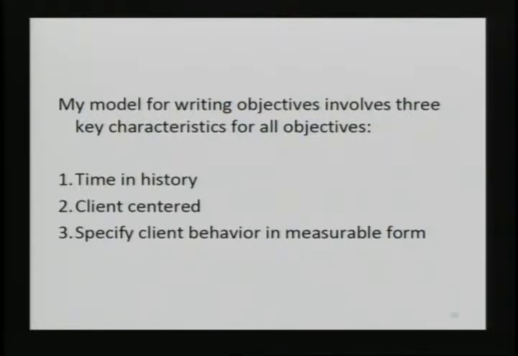And the third is to be sure to specify client behavior in measurable form. My suggestion for this class in terms of how you write your objectives for your social entrepreneurship project is to follow this approach, because I found that it's been very helpful to my students to include in all of our objectives time in history, client-centered, and specify the client behavior in measurable form.